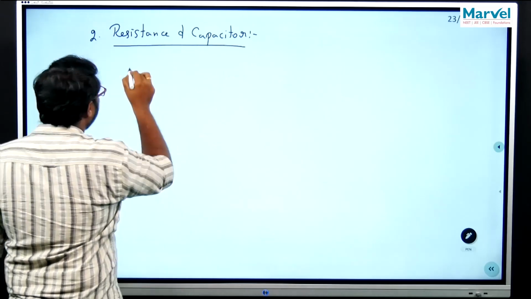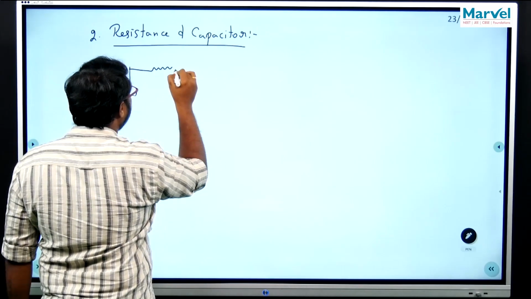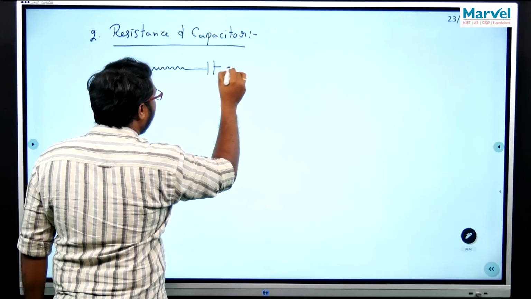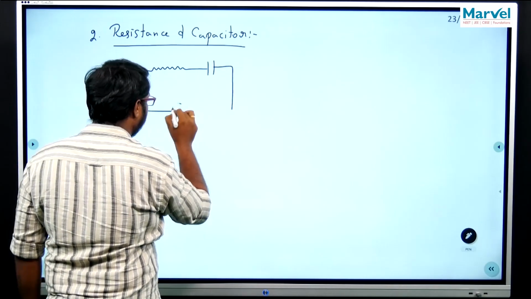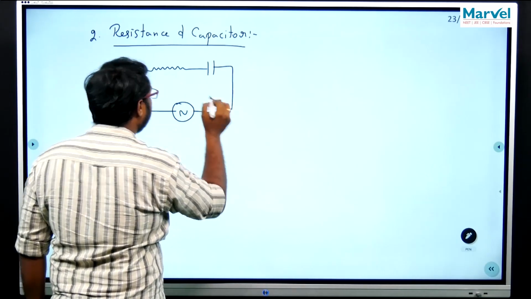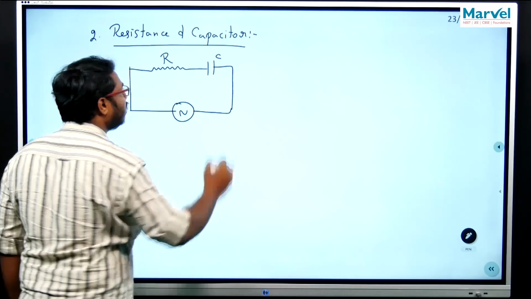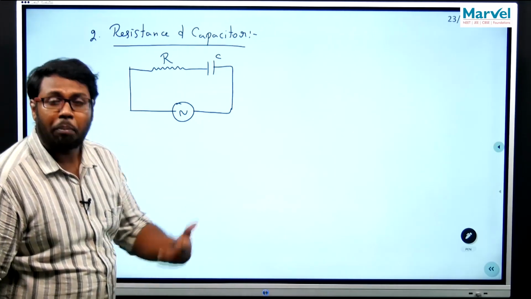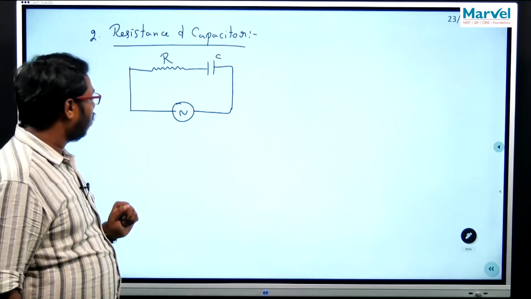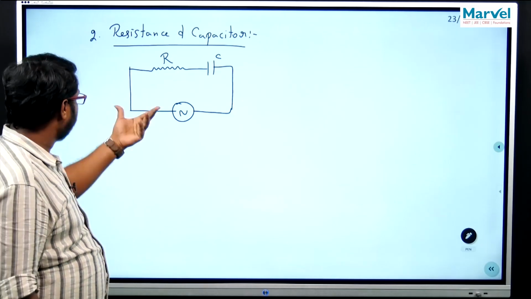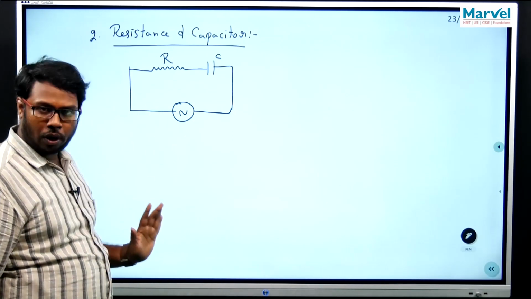So now I just put a resistance and a capacitor together. The value of the resistance is R and the value of the capacitor is C. So now the exact same things are going to happen.